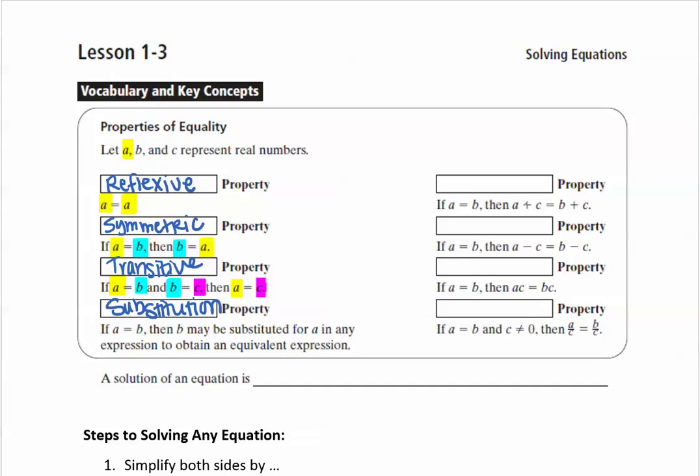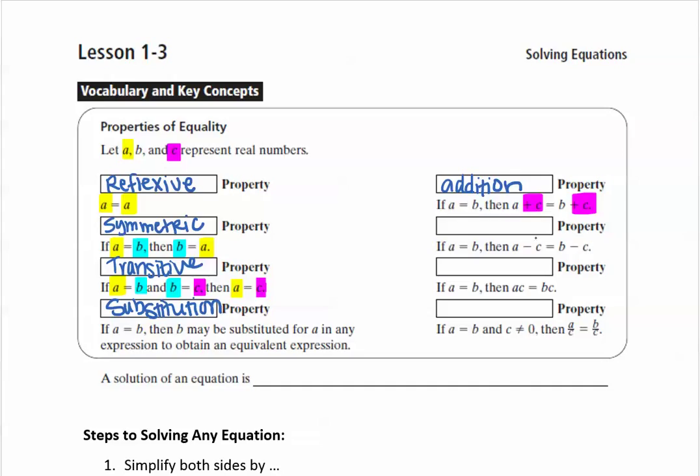Okay, next, the other properties of equality that we have here. If A equals B, then A plus C equals B plus C. So we have this C that we're essentially adding to both sides. That is the addition property of equality.